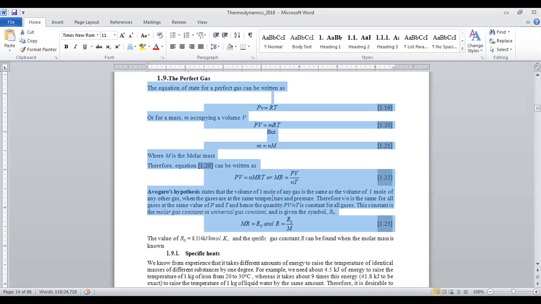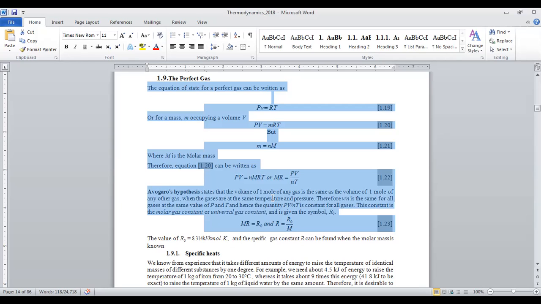Same as with working fluids: steam, compressed air, also the combusted air in the engines and all.